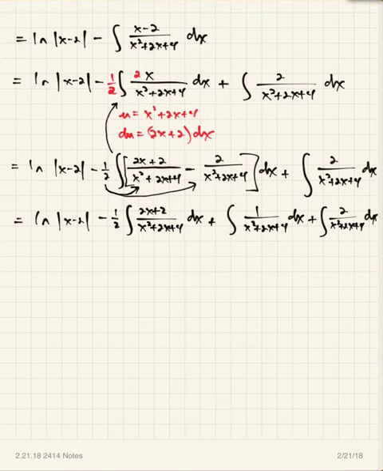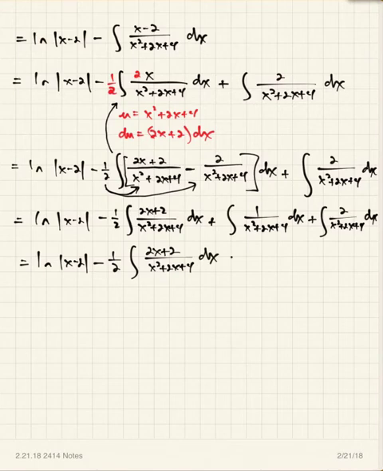And notice those last two integrals could be added together. So we're making progress. We've got that integral right there, and that one's ready to go now. That's going to be du over u.